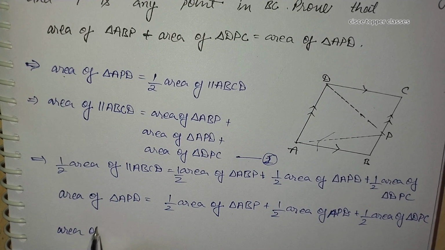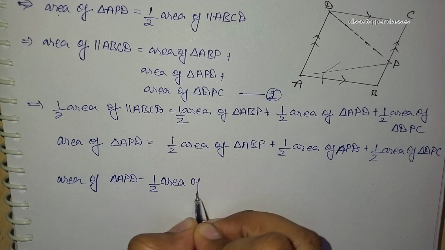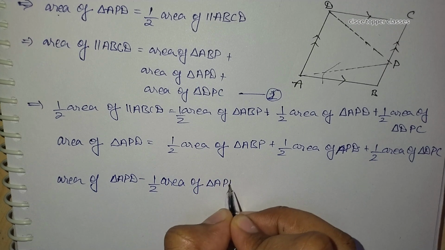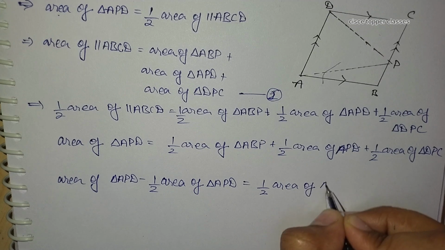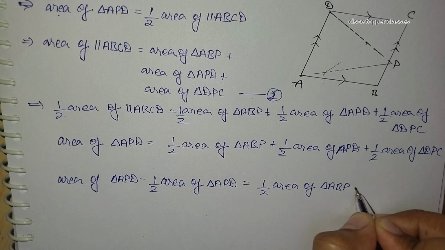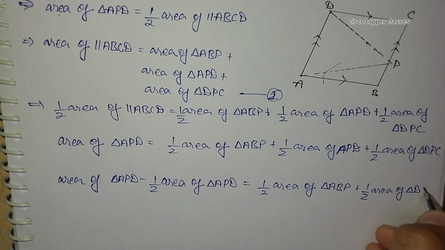So it will be area of triangle APD minus half area of triangle APD is equal to 1 by 2 area of triangle ABP plus 1 by 2 area of triangle DPC.